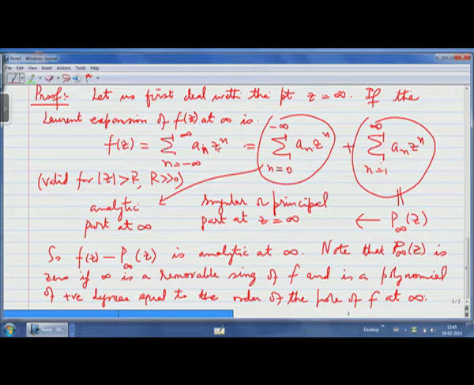There is no other possibility. You do not have the situation when infinity is an essential singular point, because we have assumed f is meromorphic. The only singularities that are allowed are poles.